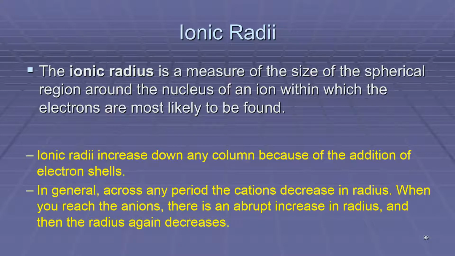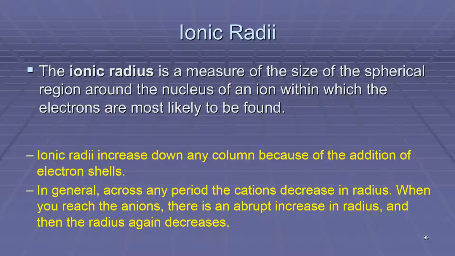However, things get a little more complicated if you go across a period. Cations will decrease in radius. So if you go, say, from potassium to calcium, calcium will be a little bit smaller.